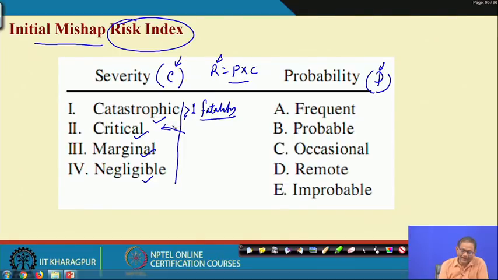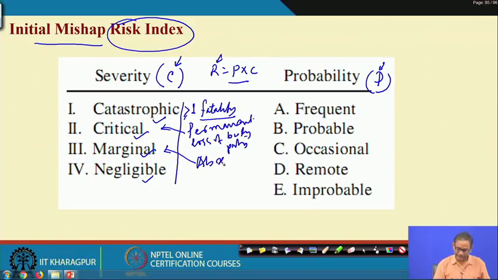Critical, from a human safety point of view, may be permanent loss of body parts, amputation, maybe your eye or something like this. Marginal may not lead to any kind of disability, but it makes you absent from work. Negligible means maybe first aid kind of thing.